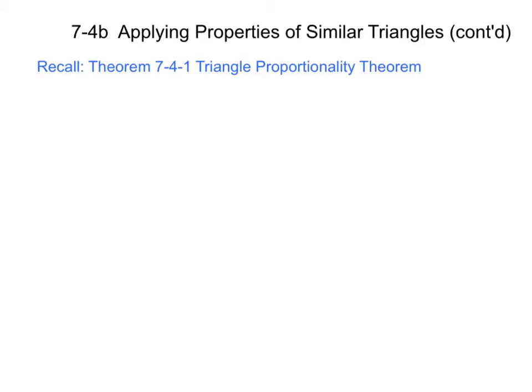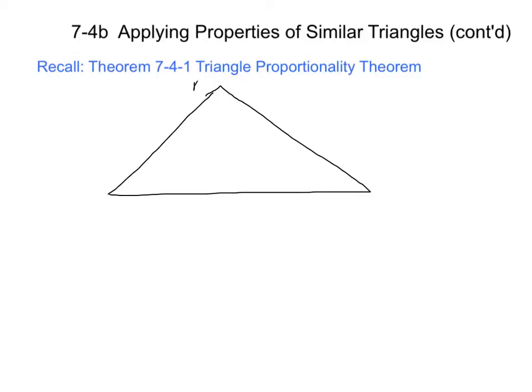Now what this theorem says was that if we are given a triangle, it doesn't matter what triangle, let's go ahead and call this A, B, C. If we were to take a parallel line, let's just go right here, we know that it's going to be parallel to our base of BC, and it creates points of X and Y at the intersections.